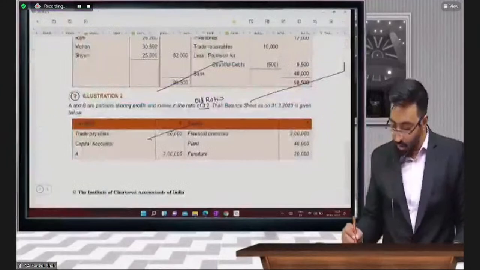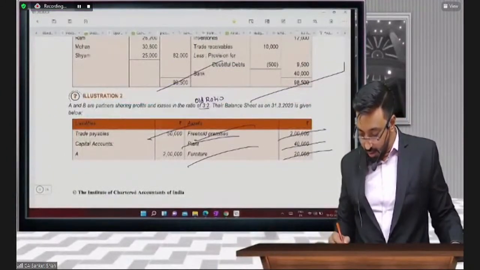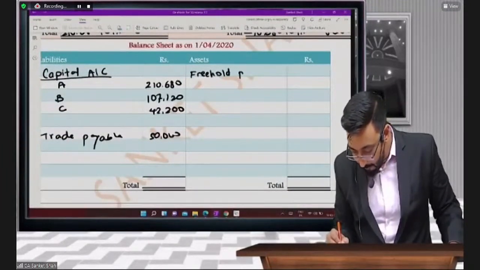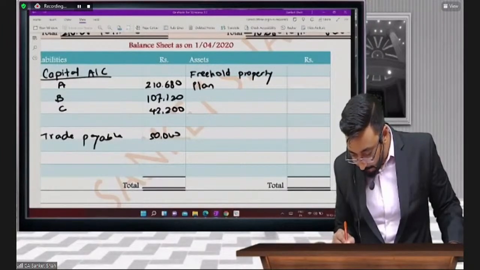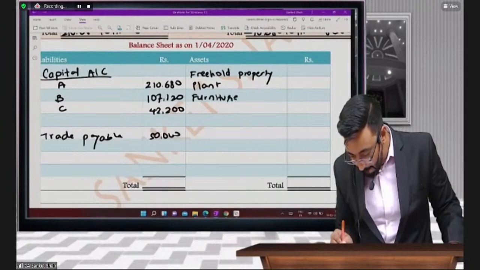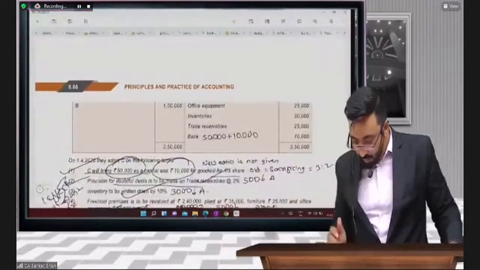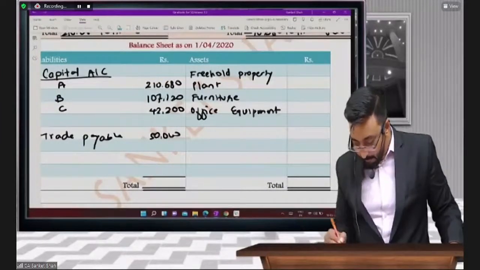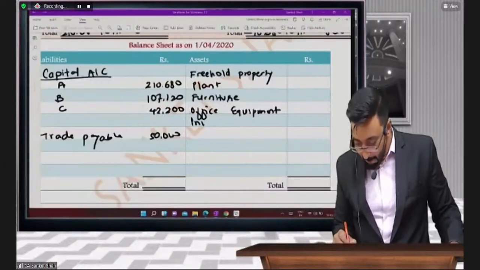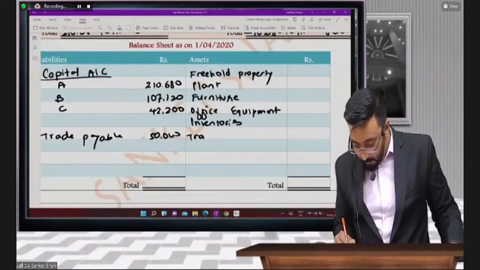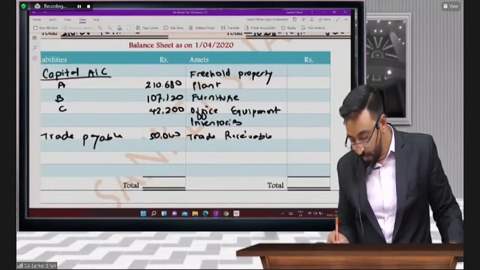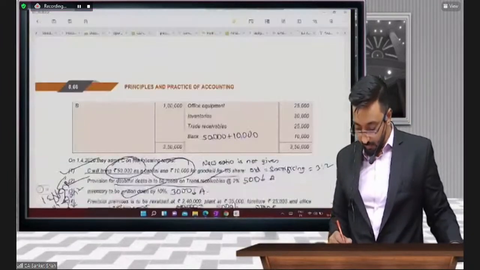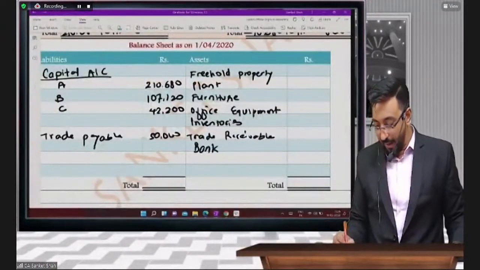All assets are also on the same side: freehold property, plant, furniture, office equipment, inventory, trade receivable, then you have bank balance.